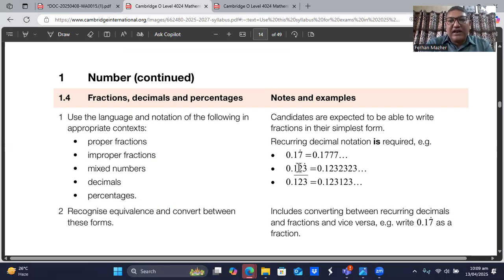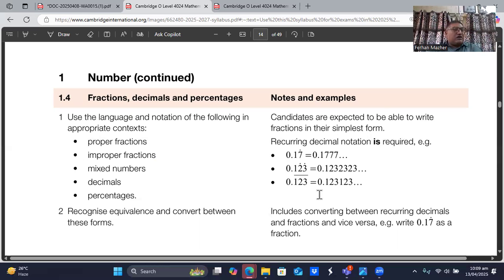For example, with dots on 2 and 3, it means 2 and 3 will be repeated: 0.1, 23, 23, 23, and it will go on. With a bar over 1, 2, 3, this pattern will be repeated: 0.123, 123, 123, 123, and it will continue.